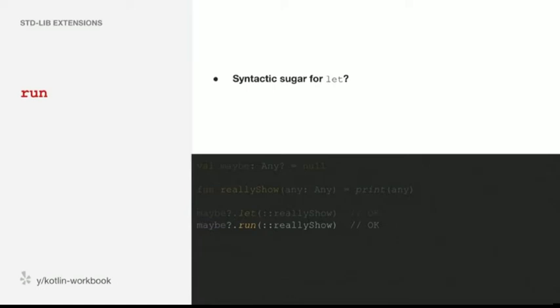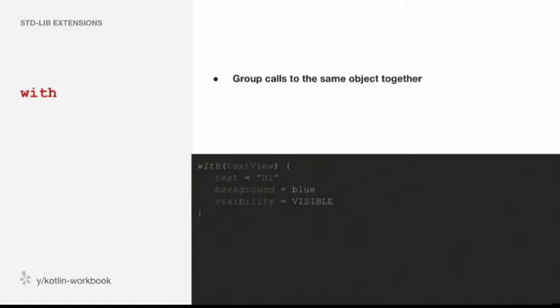Like in here, I'm not passing in a lambda, but if I was passing a lambda, in the upper invocation, maybe will be referred to as this inside the lambda. In the second invocation, maybe will be referred to as it inside the lambda. So it's just syntactic sugar. It depends on what operations you do. So you can use both of these to have a bit more expressive method calls.